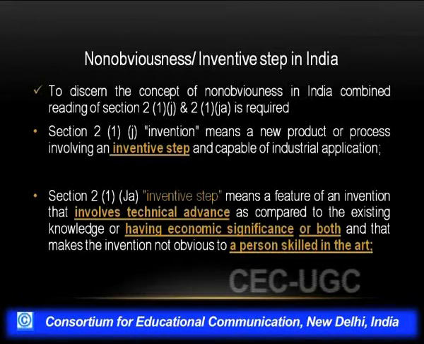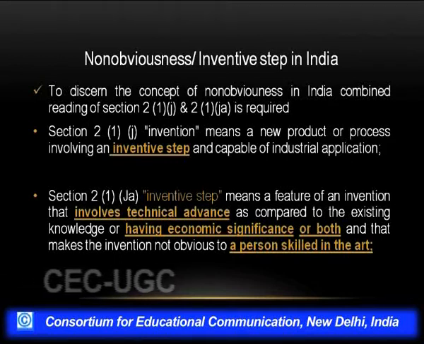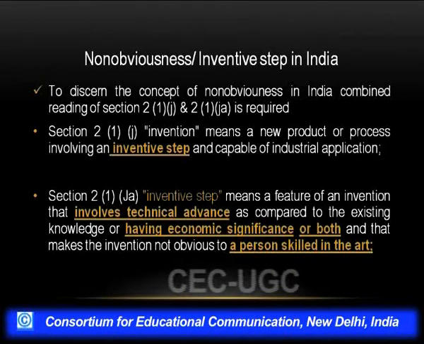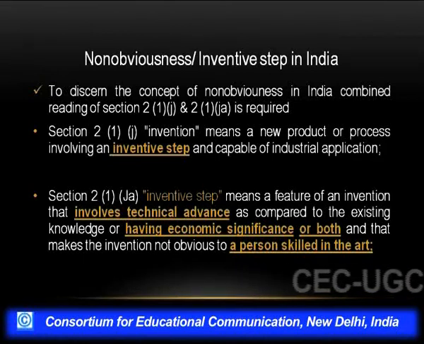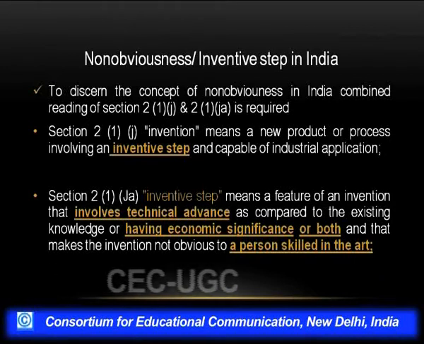So, one thing that a person needs to prove when he seeks the patent over his work, is that there has to be a technical advancement involved in his work vis-a-vis the other works available. One thing that is to be seen and noticed by the viewers in the definition of the inventive step is that there has to be a technical advancement.